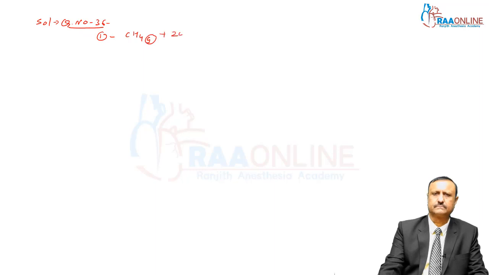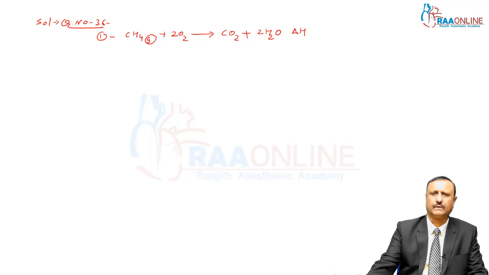Solution. Question number 36. Here my dear friends, equation number 1 is methane gas plus twice O2 to give CO2 plus twice H2O, delta H combustion given in the numerical is 890 kilojoule.